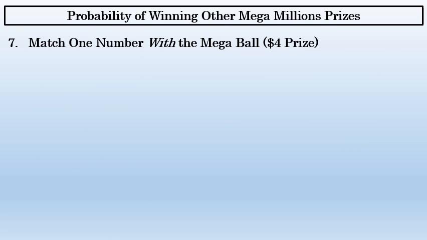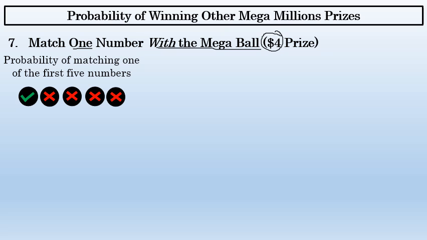The next highest prize comes from matching one number out of the first five and matching the mega ball. This wins $4. We'll again compute the probability. We will again multiply two probabilities. First, the probability of matching exactly one of the first five numbers, matching one and not matching four, and multiply that by the probability of matching the mega ball.